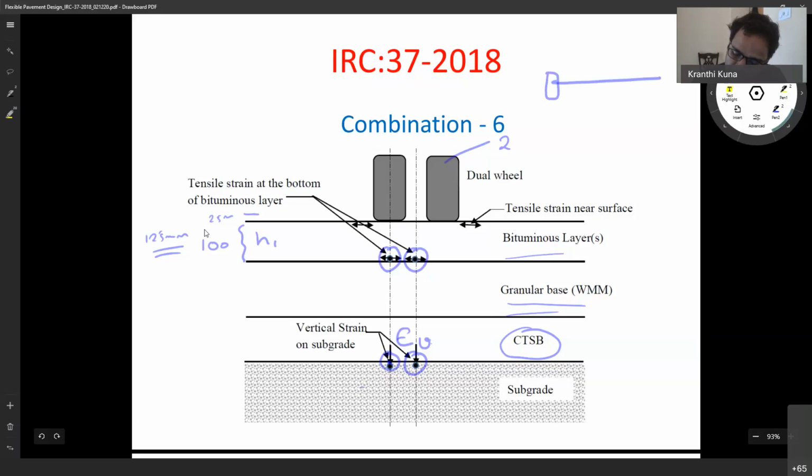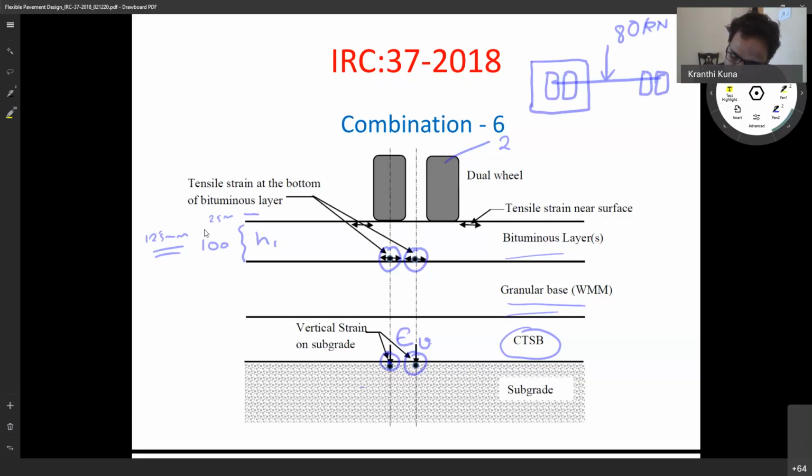This is our standard axle with 80 kilonewton. But we do not run the analysis for the standard axle. We only take this part and model that, as you can see.